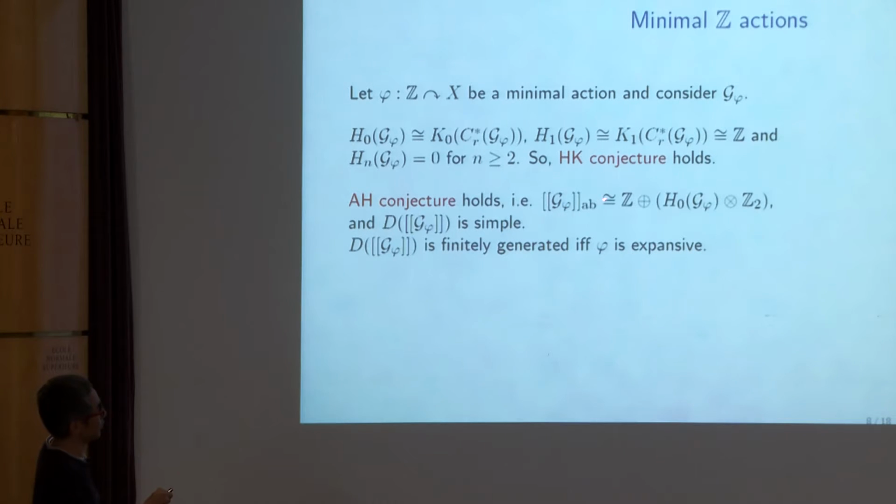So it's very natural to compute this abelianization, right? Can you explicitly say what this Z corresponds to? This Z is this H1, the image of the index map. So the short exact sequence in the AH conjecture splits in this case.